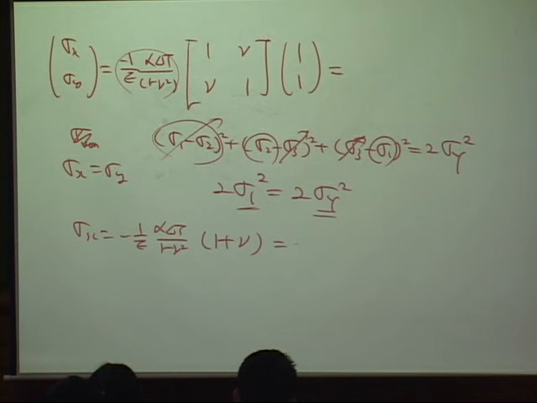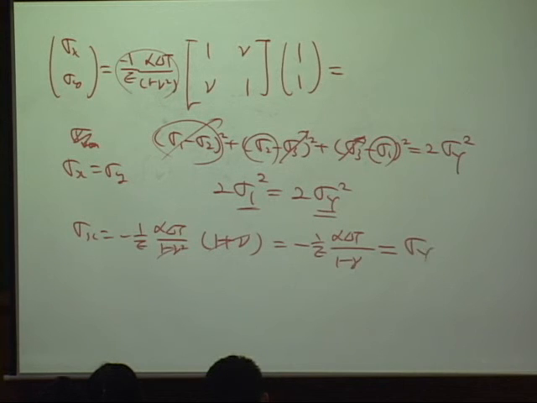And which will be minus E alpha delta T, and this one 1 minus mu, and should be same as sigma yield. And as you can see, delta T equals whatever value. Right? Well, as you can see here, we do have a Poisson's ratio.